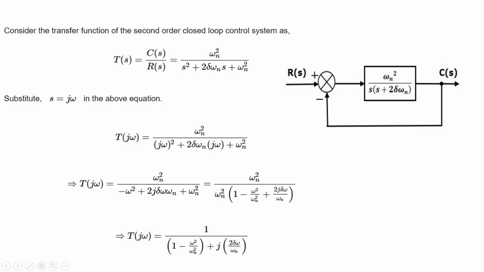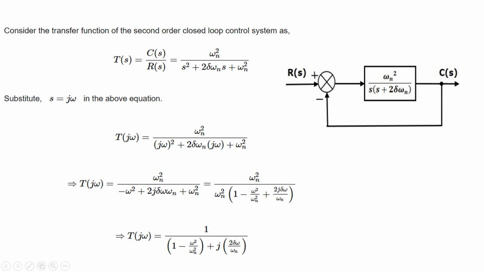To find the frequency response, we substitute s equal to j omega in our transfer function equation. We did this in the last session. So minus j omega square, j square will be minus 1, so we have minus omega square plus 2j delta omega into omega n plus omega n square.